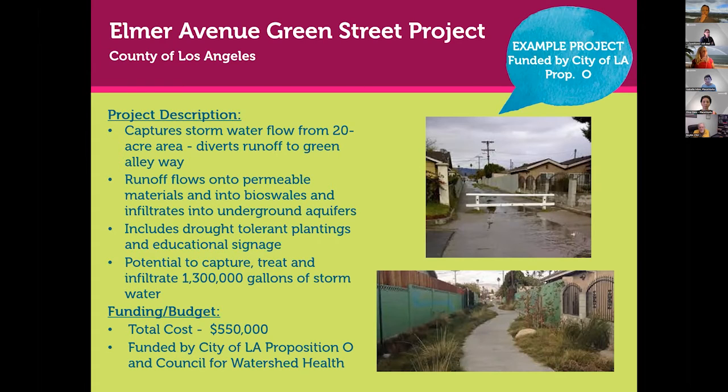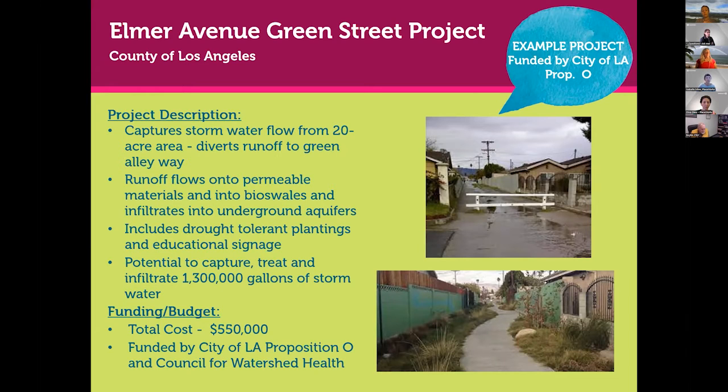This is an example of, you could see in the before and after picture, floods flows down an alleyway, causing a nuisance and problems for people living adjacent to that area. And they were able to capture storm flows from about a 20-acre area and divert it off to more of a green alley that's actually a pleasant and beautiful place to be, and a safer walkway for the neighborhood, including drought-tolerant plantings and educational signage.